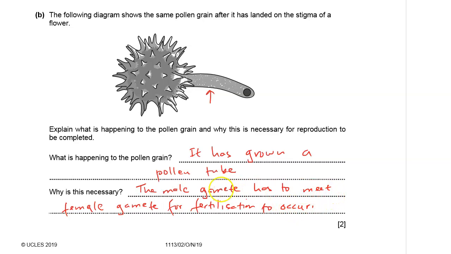So it's necessary for a pollen tube to grow, so that it meets the female gamete for fertilization to occur, so that reproduction is achieved.